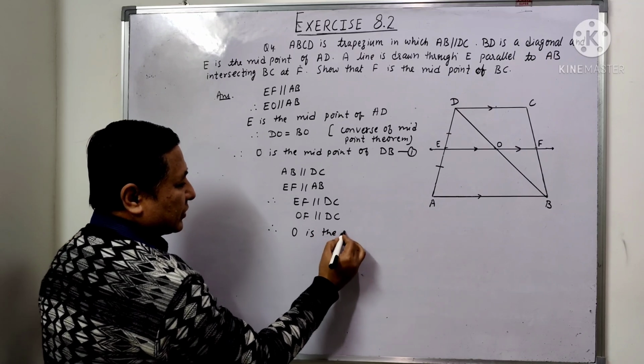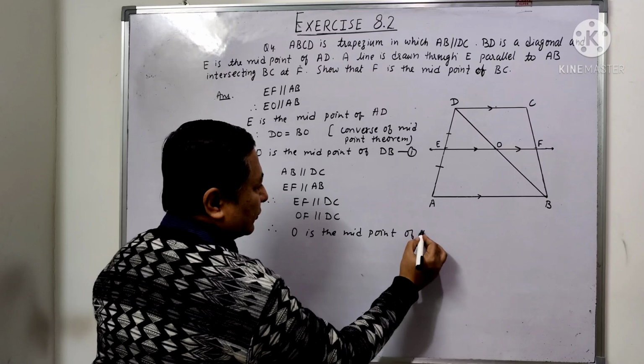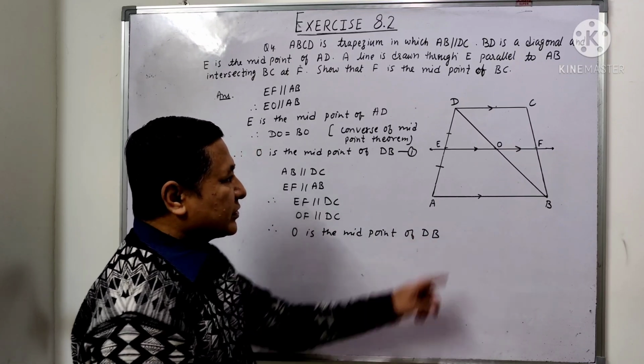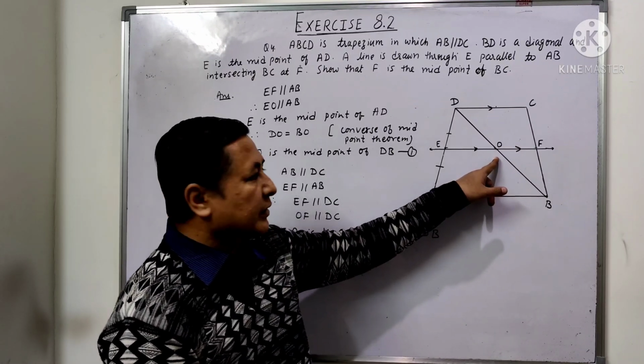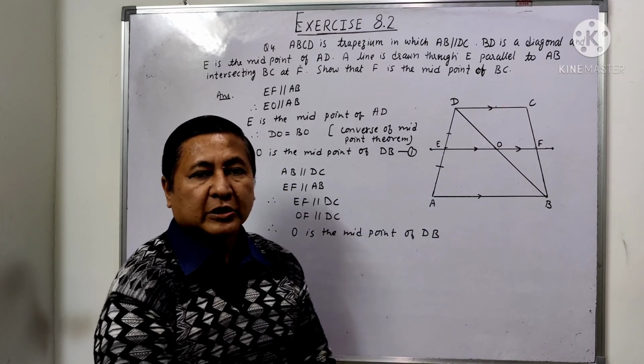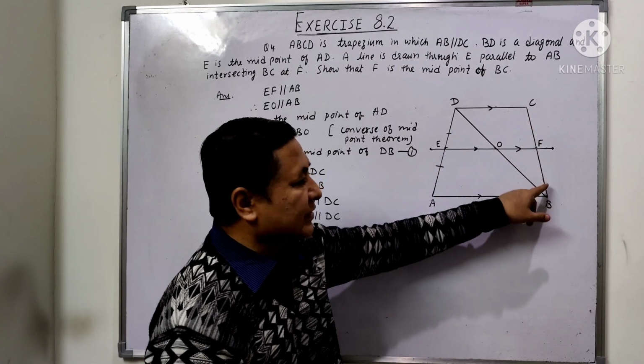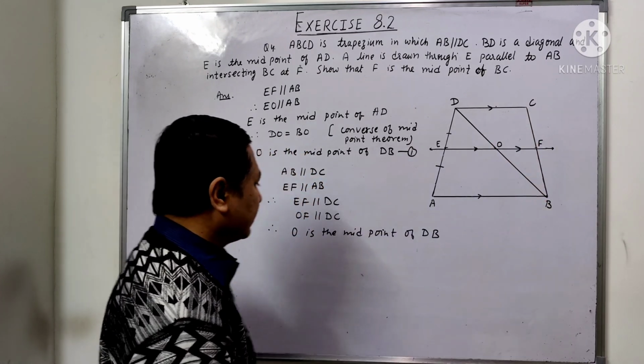O is the midpoint of DB. Now since O is the midpoint of DB and OF is parallel to DC, then according to the converse of midpoint theorem, the line segment OF will bisect the side CB.